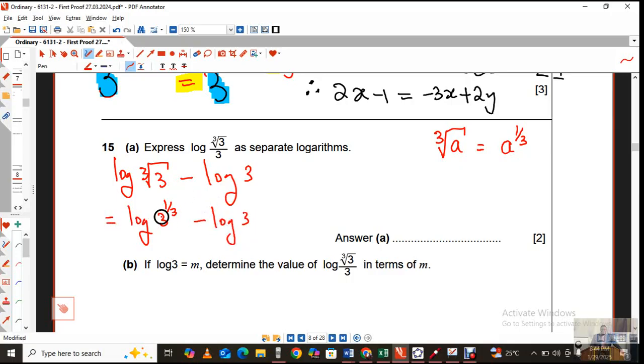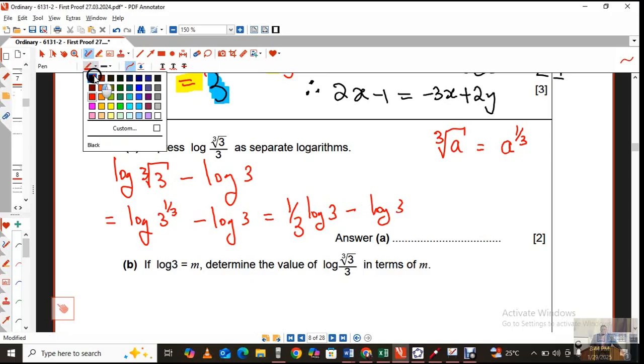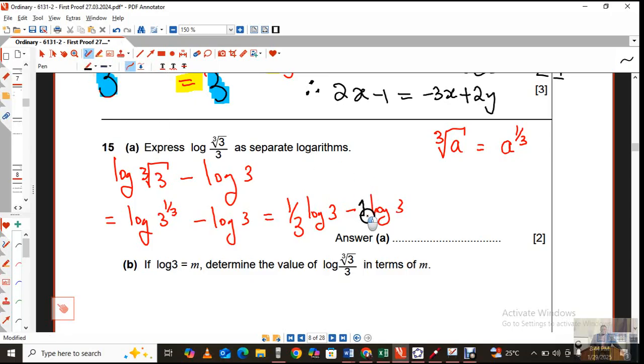Now using the power law, putting that 1/3 in front will be 1/3 log 3 minus log 3. Guess what is in front of this log? There is a number 1 here. And if I was to say 1/3 minus 1, because these are like terms, this is the same scenario as a third of x minus x. Okay, there's a 1 there.